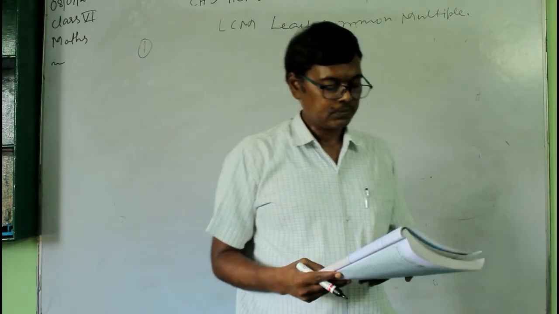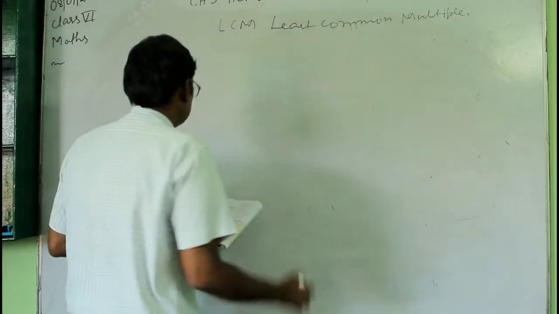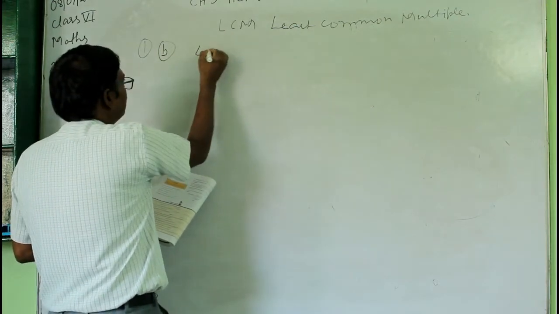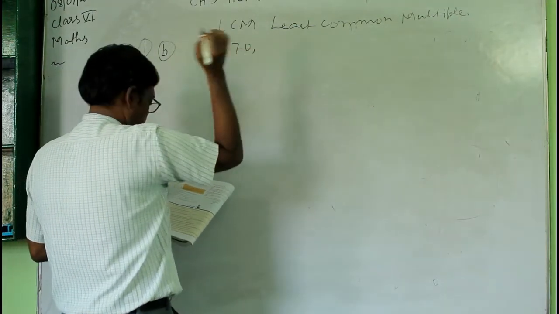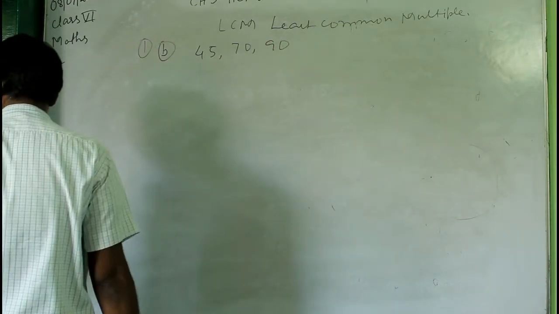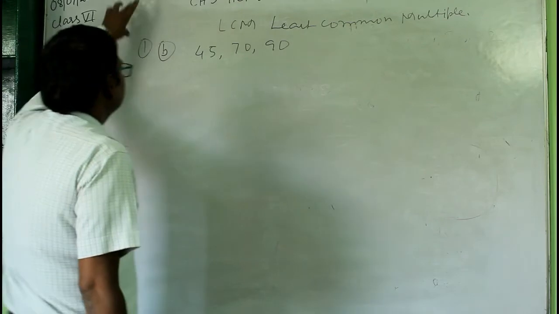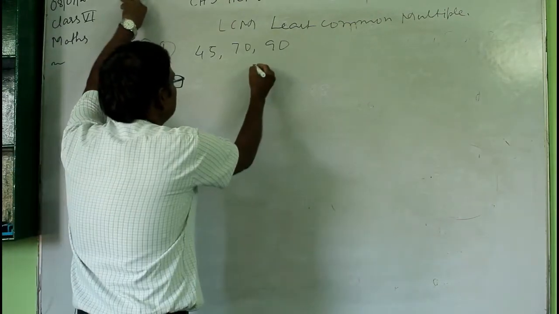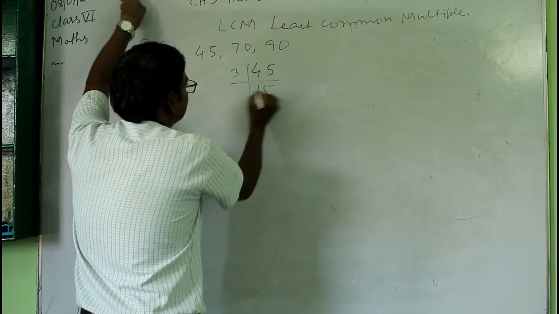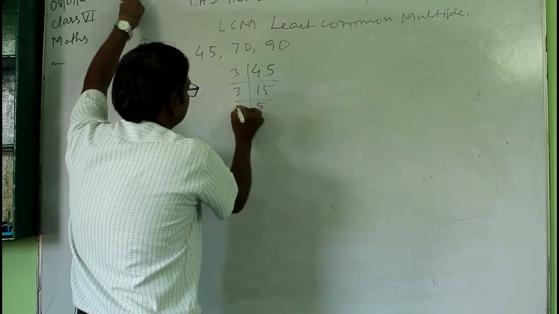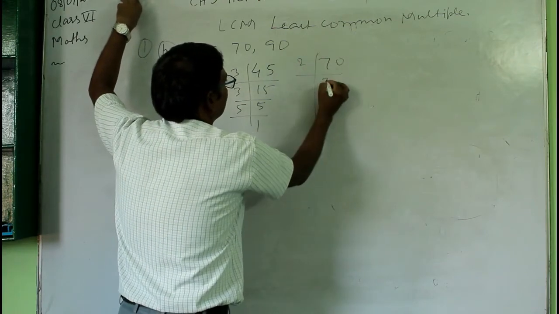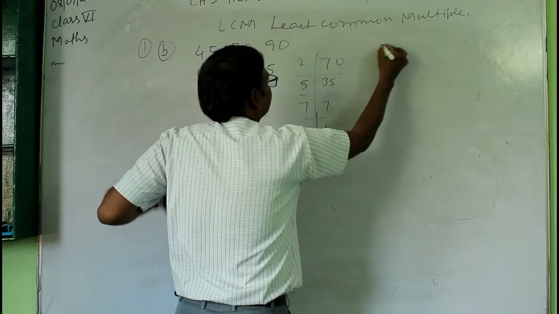Okay. So the numbers are here. Question number B. Okay. So here 45, 70 and 90. So we have to find the LCM by using the prime factorization method. So find the prime factors of these.